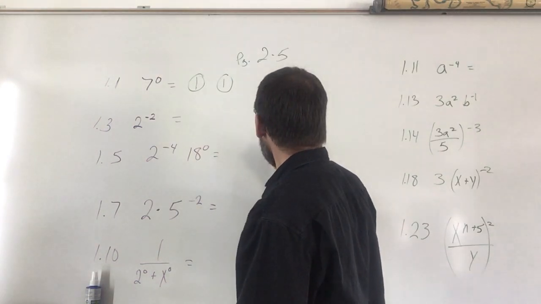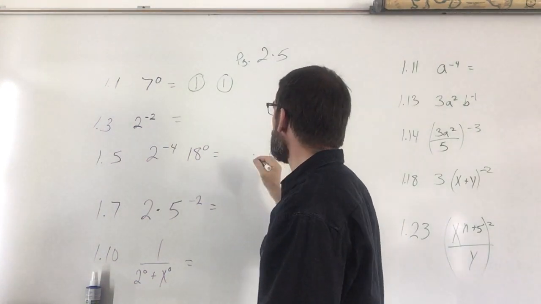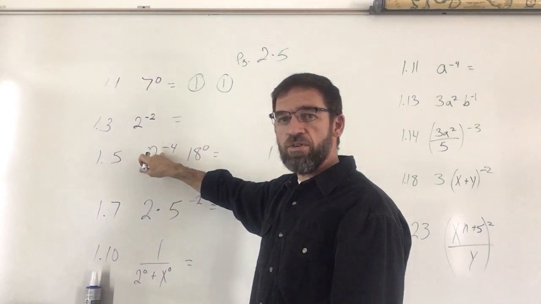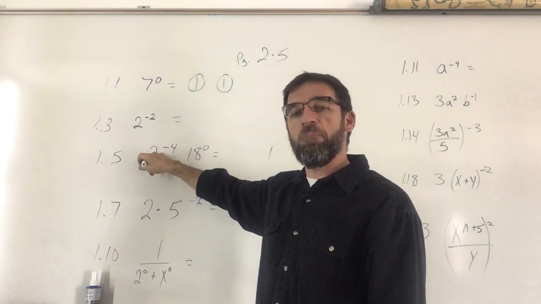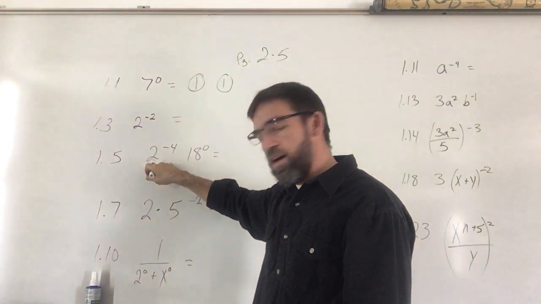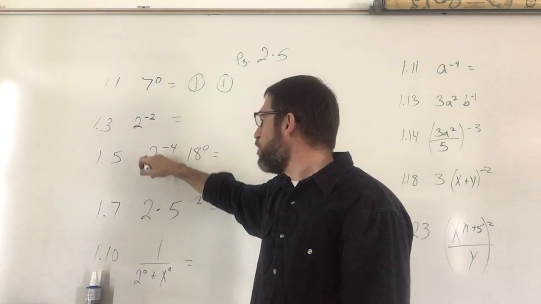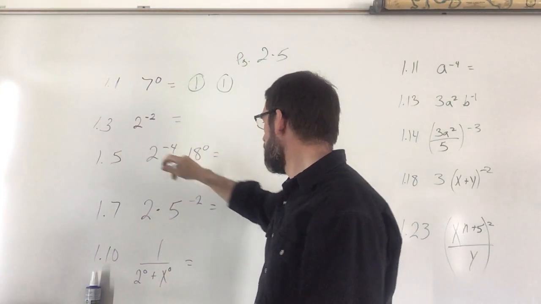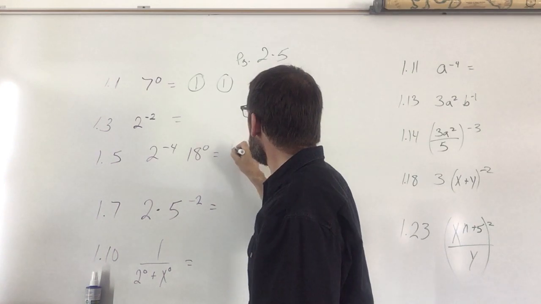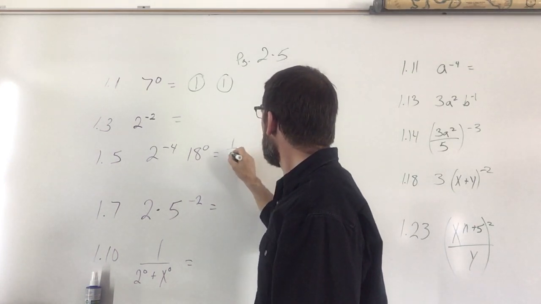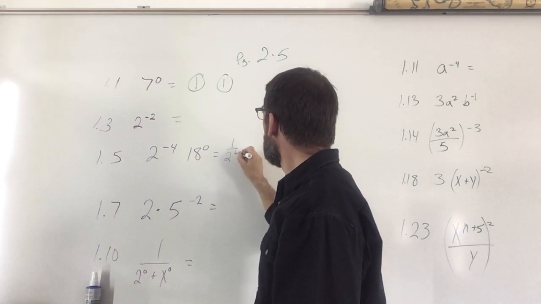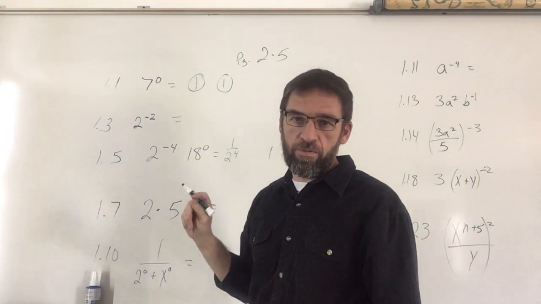So now I have 2 to the negative 4. I'll do that first. And we have learned that the way you make negatives positive is you simply move them to the bottom and put a 1 above them. So you'll put a 1 on top, and then on the bottom you'll put 2 to the 4th power.